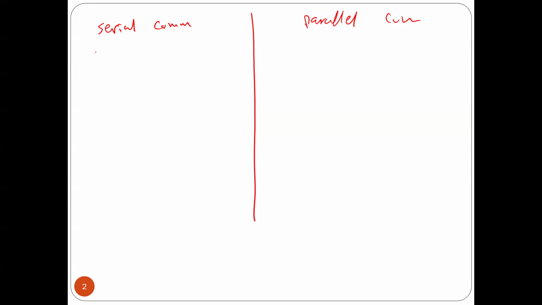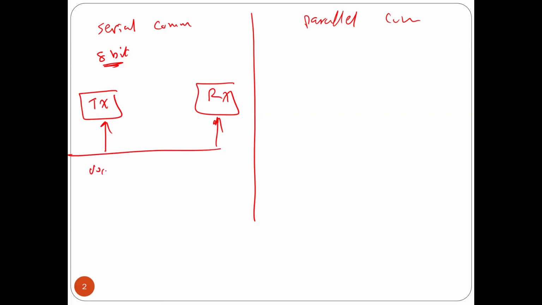Serial means, for example, if I want to transmit 8-bit data, my data is 8 bits. Here we have the transmitter, here we have the receiver. For sure, we should have the same clock to be synchronized. And we have only one wire between us. Say the information I want to transmit is 1011 1100.